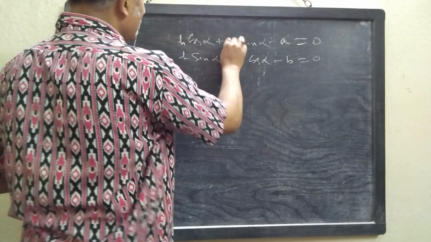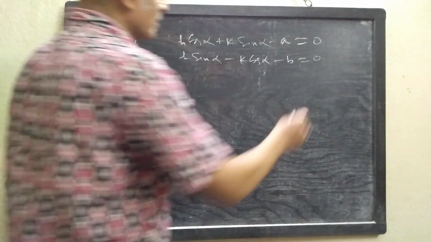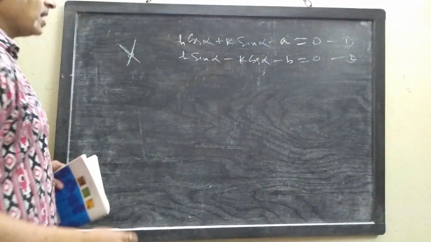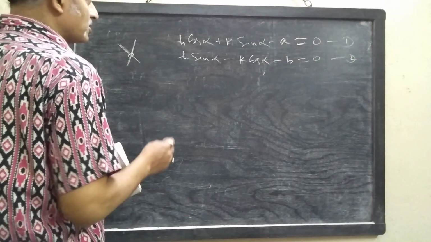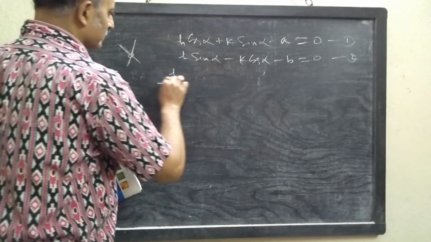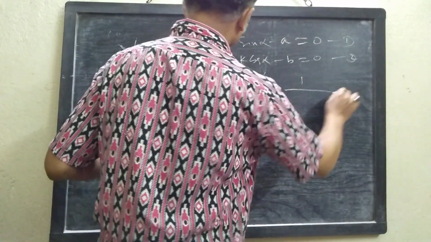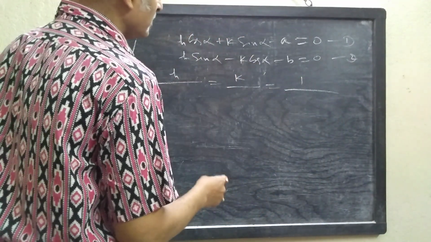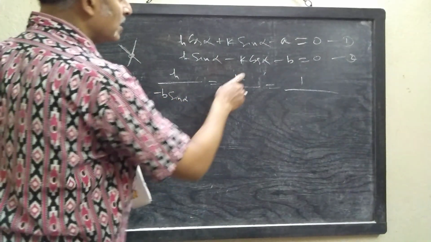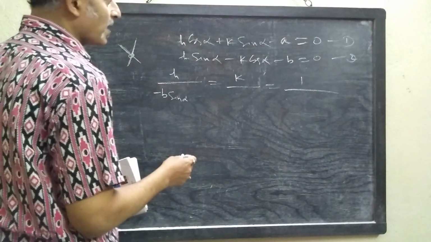Say this is 1, this is 2. Now from 1 and 2, by the method of cross multiplication, h by minus b sin alpha plus a cos alpha.